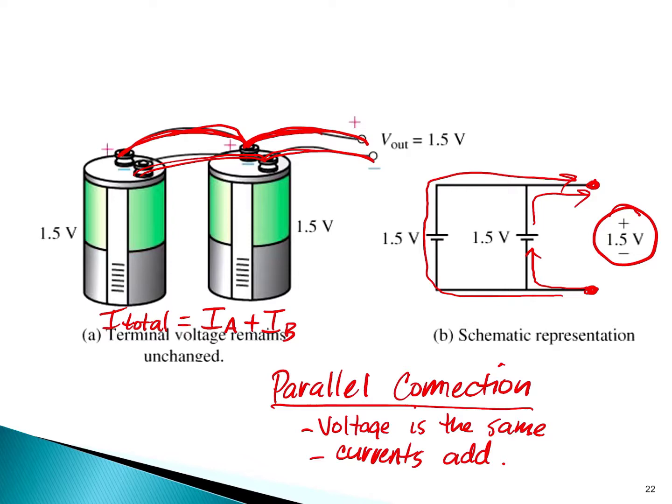So I total will equal IA plus IB. If this is IA and this is IB, the total that you would find here when you connected a circuit would be I total equals IA plus IB.